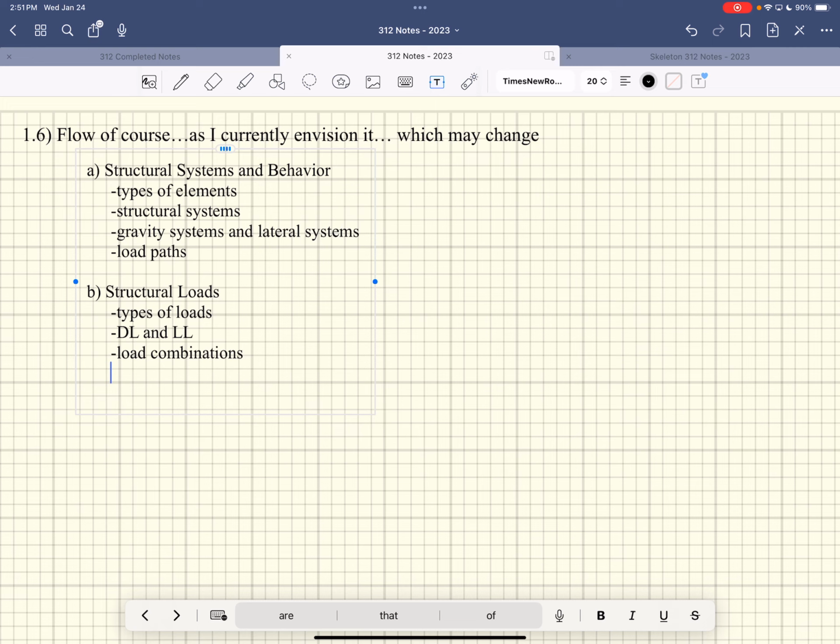We'll probably have to touch on design philosophies. There's this thing called ASD versus LRFD, two different design philosophies, and they involve different factors associated with dead loads and live loads and these load combinations. But we'll touch a little bit on that. All right, gravity.